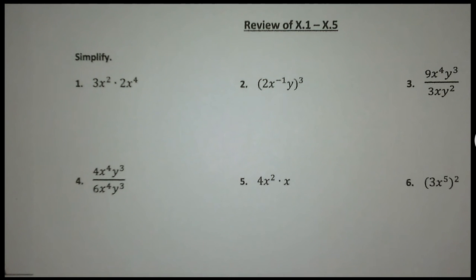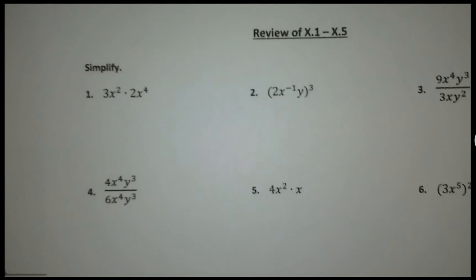And then we're going to move on to factoring, which is X.6, X.7, X.8, and X.9. And then by the end of the week, you can take a little quiz or test, and that'll be it for the third quarter. But anyway, enough chit-chat.